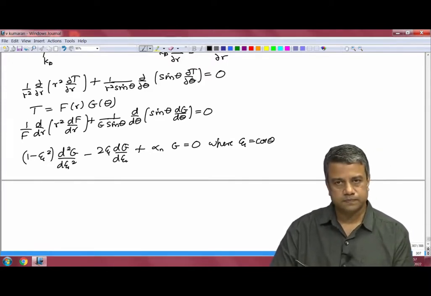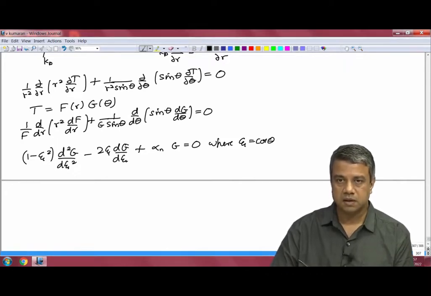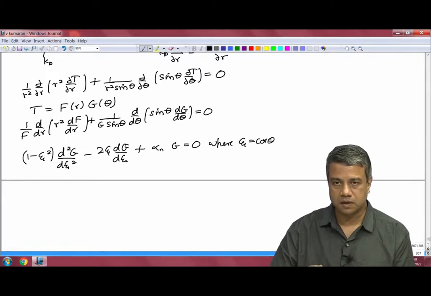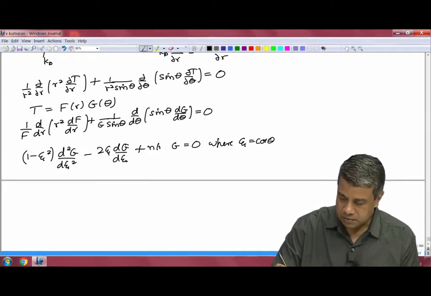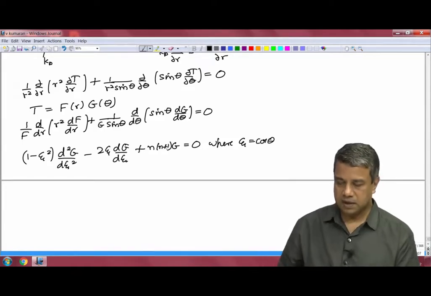This equation has finite solutions which do not diverge or go to infinity at psi is equal to plus or minus 1, only if this alpha n is equal to n into n plus 1, where n is an integer.